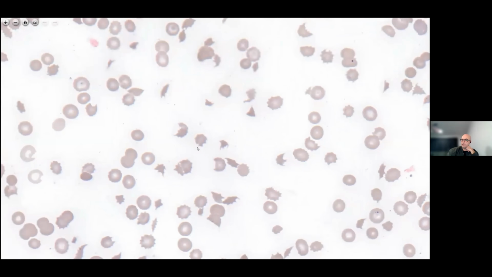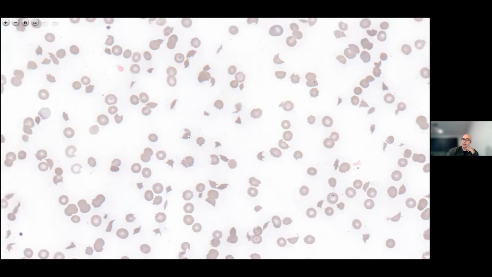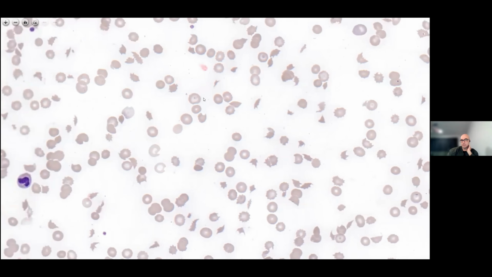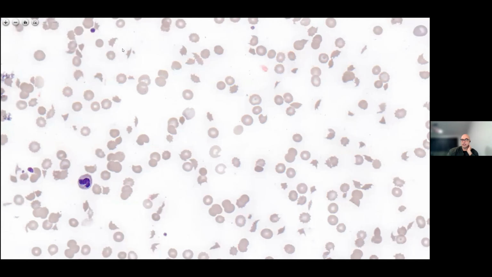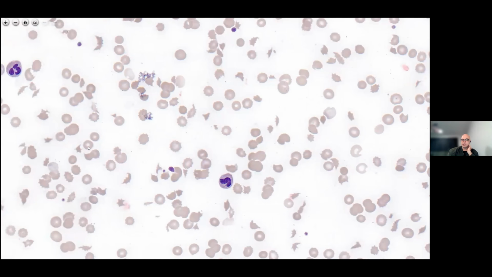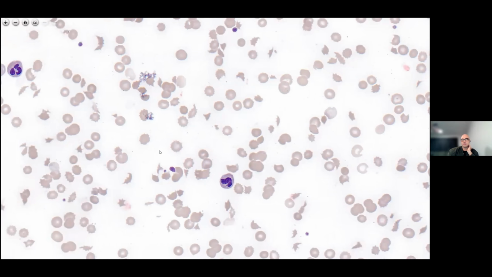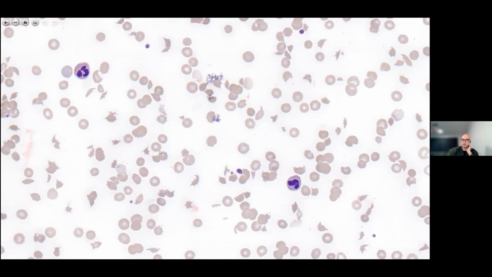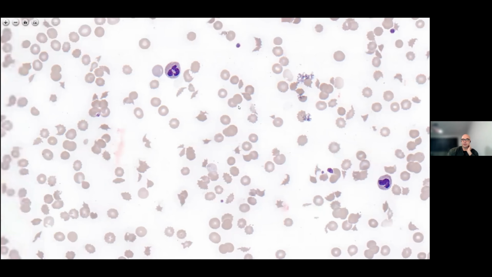That would be an artifactual change. Another artifactual change is if it was a difficult collection and there wasn't much blood in the EDTA sample, the EDTA may cause crenation of the red cells. Generally, in those situations, you get a uniform appearance across the whole blood film of crenated cells.